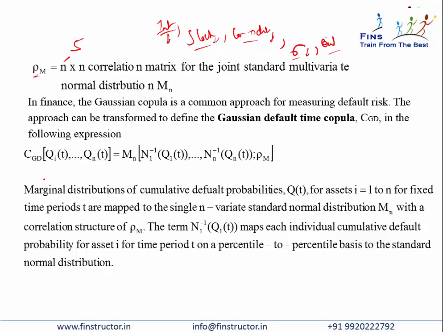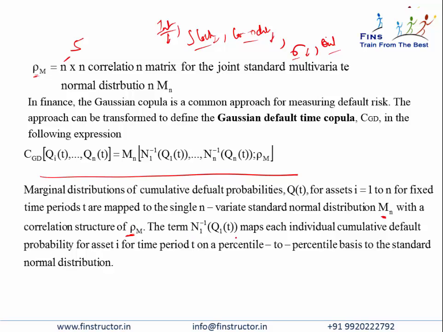So again, the same equation that we've been studying. So marginal distributions of cumulative default probabilities are mapped to the single n-variate normal distribution Mn with a correlation structure of rho m. The exact same thing that we've been studying.